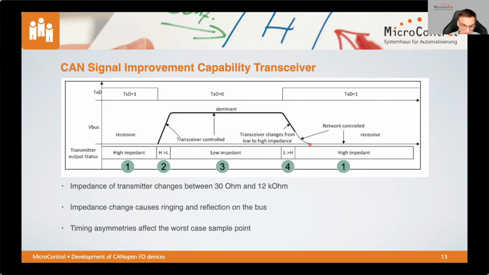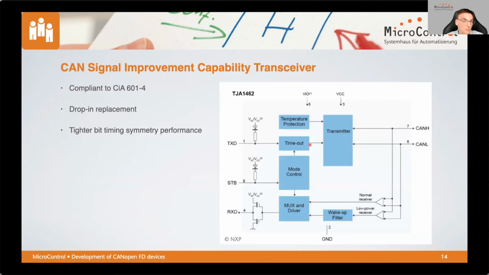So from our point of view, switching to these signal improvement capability transceivers makes sense. The good news is they are drop-in replacements. It means if you're already using a hardware design with a transceiver in an SO8 housing, you can simply replace that. I selected here a part in the drawing from NXP, the TJA1462, but there are other manufacturers also offering these kinds of transceivers.